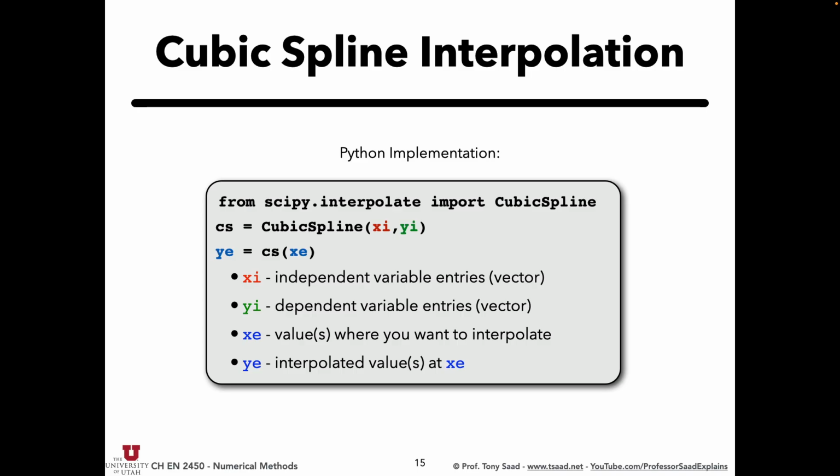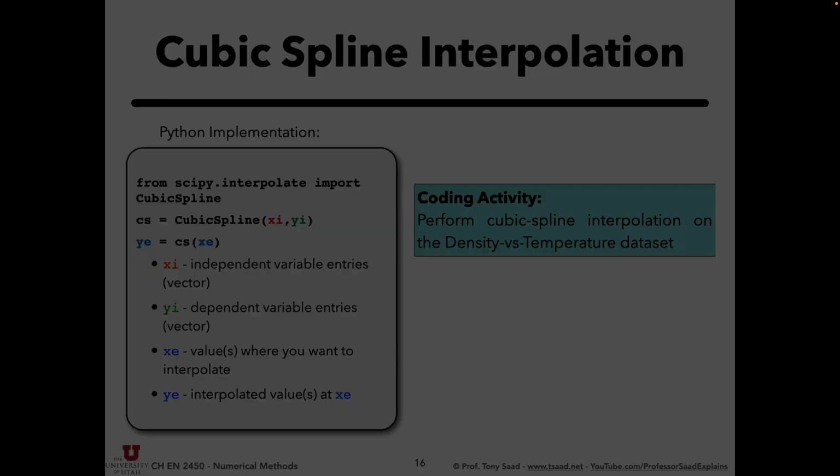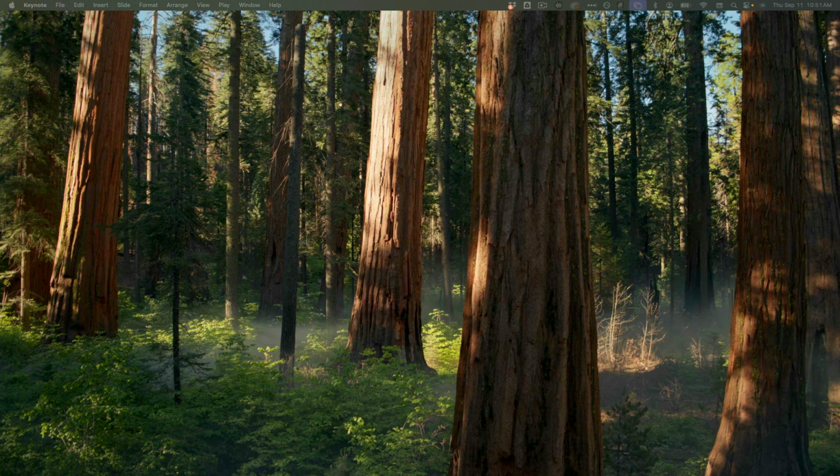So let's go ahead and try this with the density temperature data set, which we should still have in our Jupyter notebook, hopefully. Let's see. If you can grab your Jupyter notebooks.